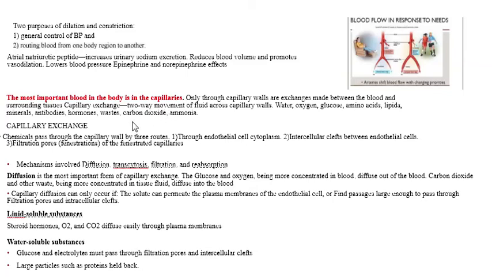It is affected by waste products, carbon dioxide, minerals, amino acids, lipids, glucose, oxygen, and also water. These all affect the capillary exchange according to the concentration of the substance.